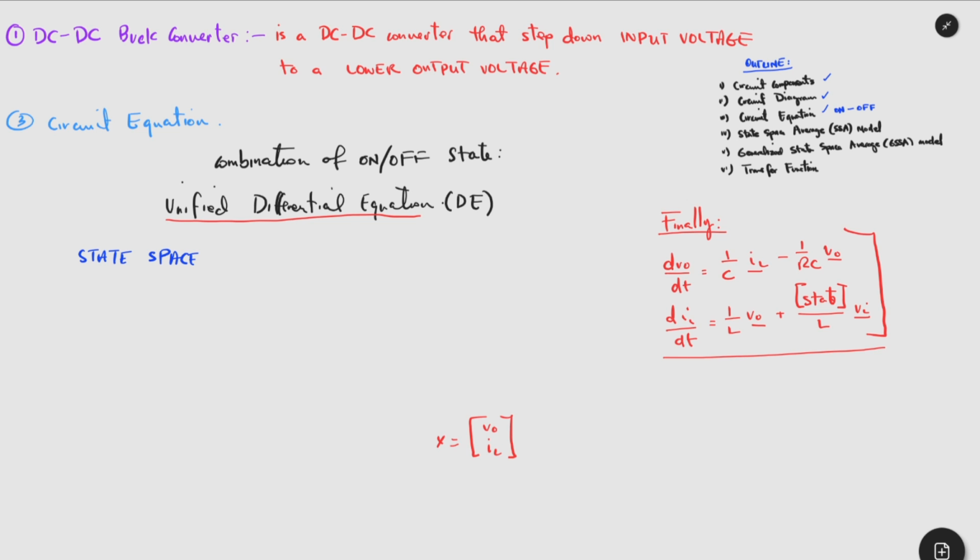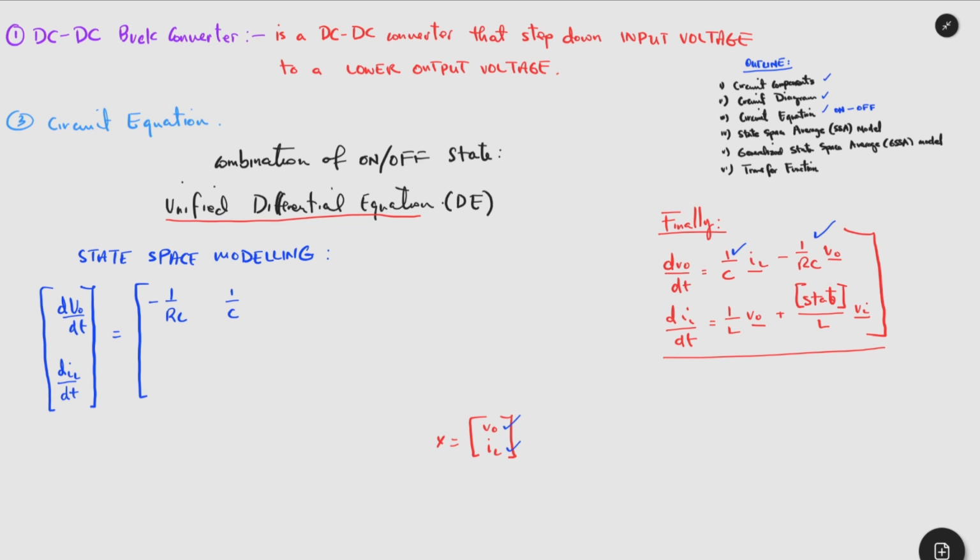And now we look at the state space modeling of our system. And now we have dv0/dt, which is one of the state variables, which is here, and we have dil/dt, which is also another state variable. Now, with those state variables, we have the first one, which is the minus 1 on rc, which is this one, and we have the other one, which is 1 on c, which is this one.